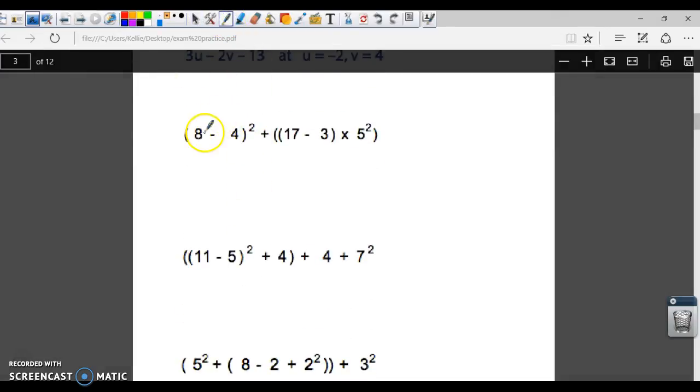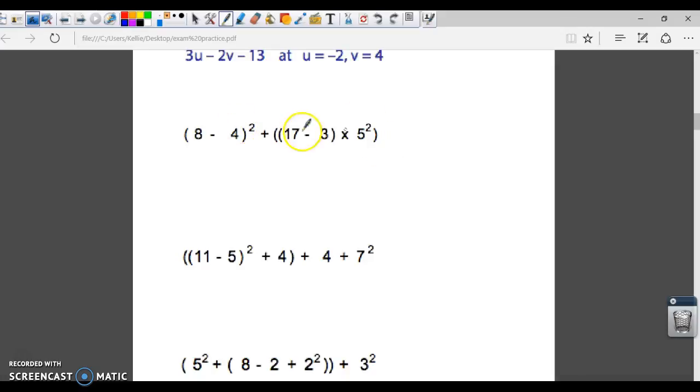All right, so with this one, I have 8 minus 4. This is the order of operations with exponents and integers, okay? So 8 minus 4, do the parentheses first. You guys remember PEMDAS, so it might be handy to write it down. Do what's in the parentheses first. 8 minus 4 is 2, so I'm going to end up squaring that.